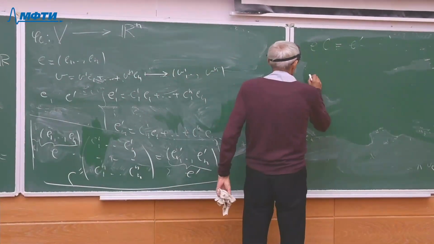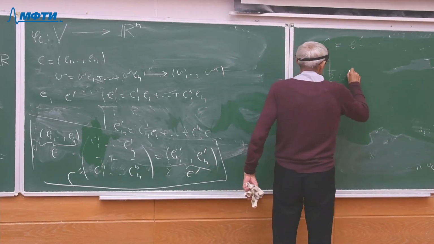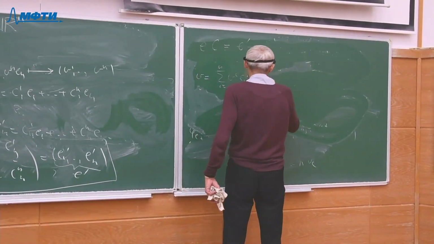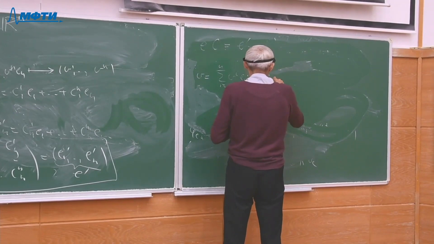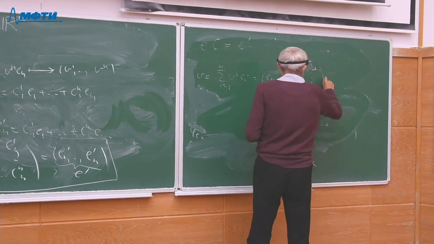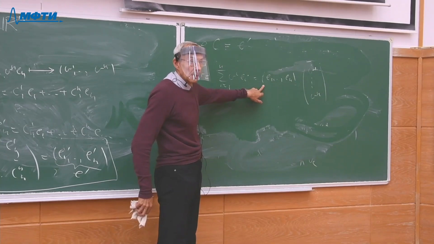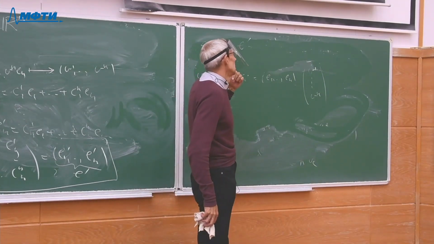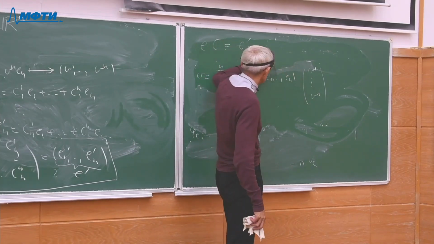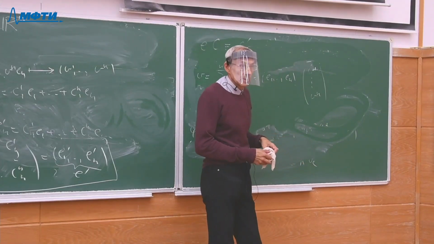Vector V I can rewrite in the following form. I use row-column matrix multiplication. How do we multiply a row by a column? I recall that we multiply the corresponding elements and then add the summands.